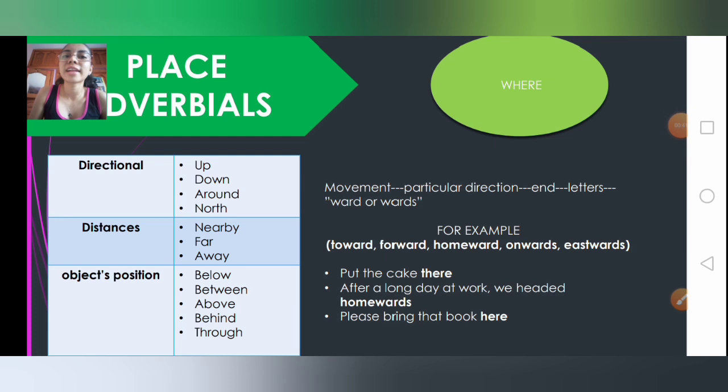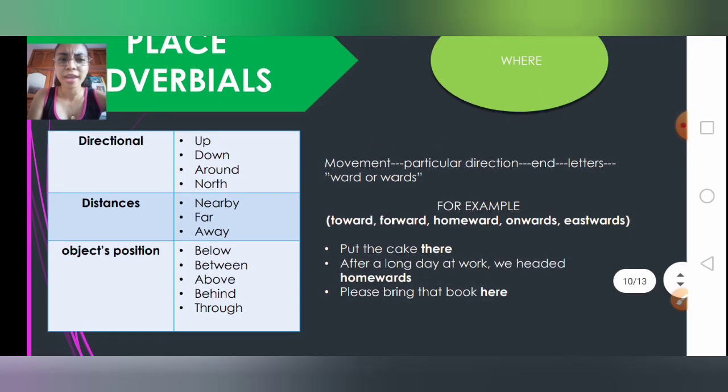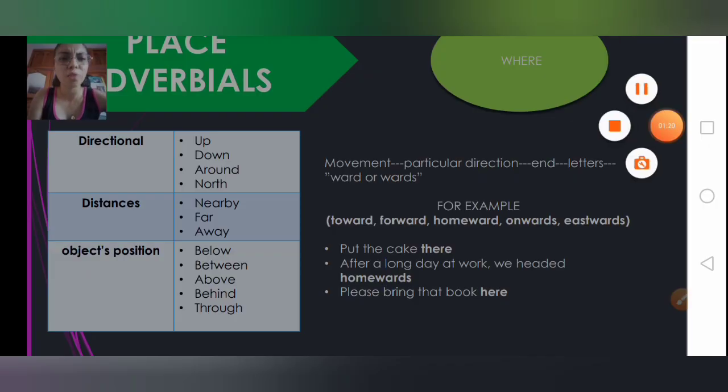Place adverbials can be directional, for example, up, down, around, and north. They can refer to distances, for example, nearby, far, and away. They can indicate an object's position in relation to another object, for example, below, between, above, behind, and through.